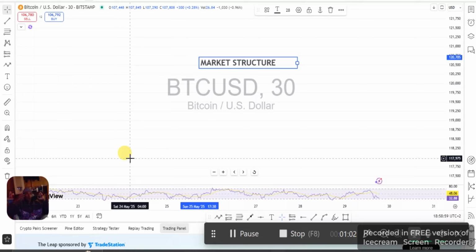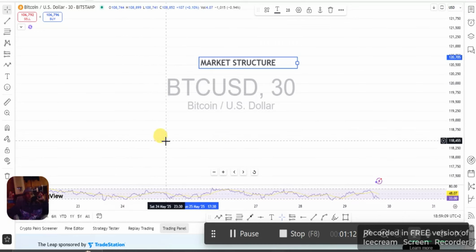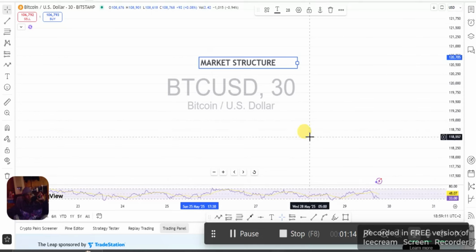So we have an uptrending market, and then we have a downtrending market, then we have a ranging market, consolidating market.